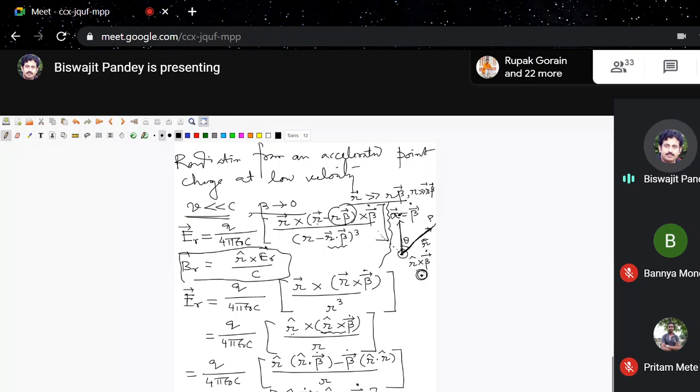That will be 1 over mu 0 c times E cross r cap cross E. So if we simplify, what will this become? 1 over mu 0 c into a cross b cross c, then again E squared r cap, I will do it in one go, minus E dot r into E, right?